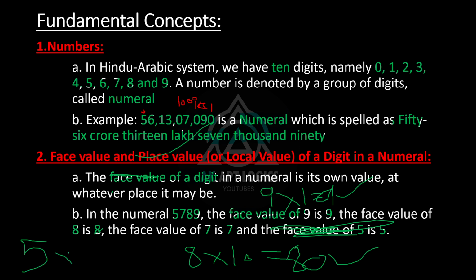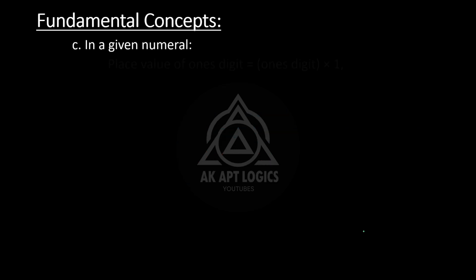In thousands place, right? 5 into 1000 will become 5000. So the place value of 5 will be 5000 in the number 5789. So the face value of 5 will become 5. That's what is given in the next slide.